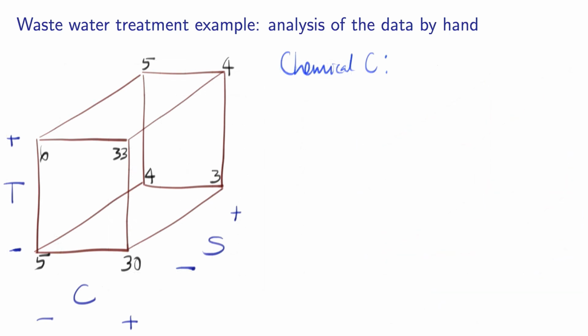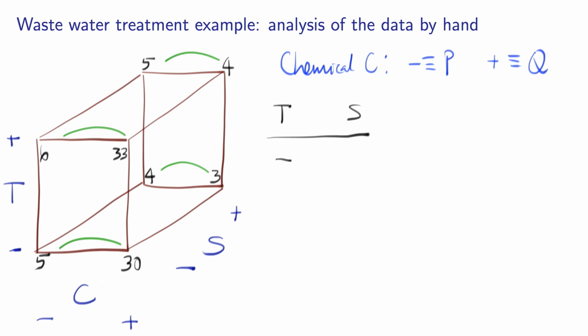Let's start with the first factor C, the choice of either chemical P or chemical Q at the high level. If we look at the cube, we actually have 4 estimates of that main effect along each of the 4 horizontal edges. At high temperature and high stirring speed, in other words, high T and high S, that effect is equal to 4 minus 5.